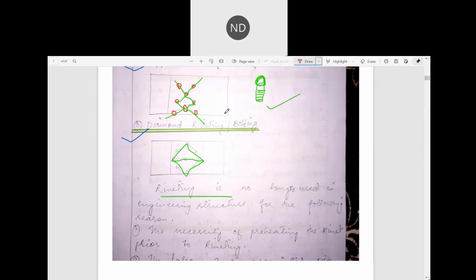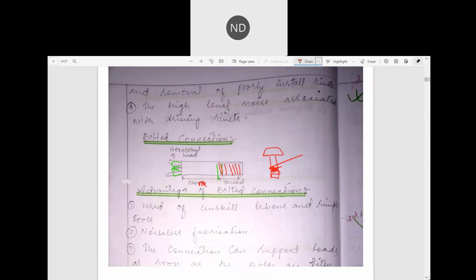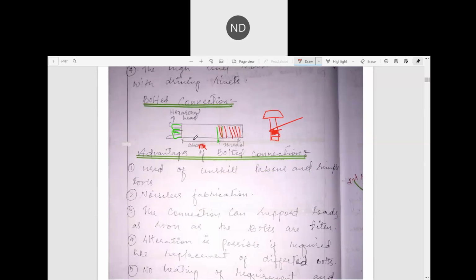But in the case of bolting, it's not like that. We don't have to do the bottom portion because the threads already hold it properly. So we don't need to hammer the bottom portion again. So this is noiseless fabrication as compared to rivets.